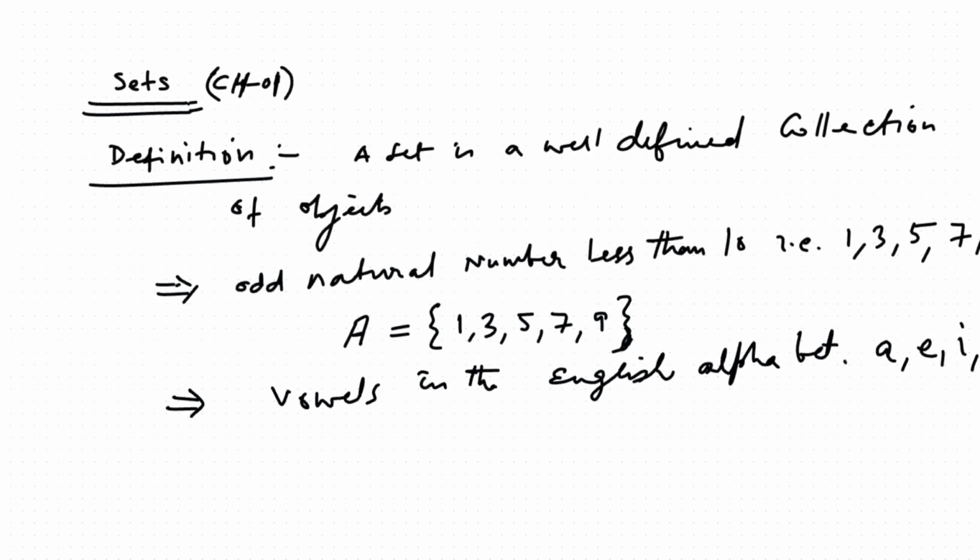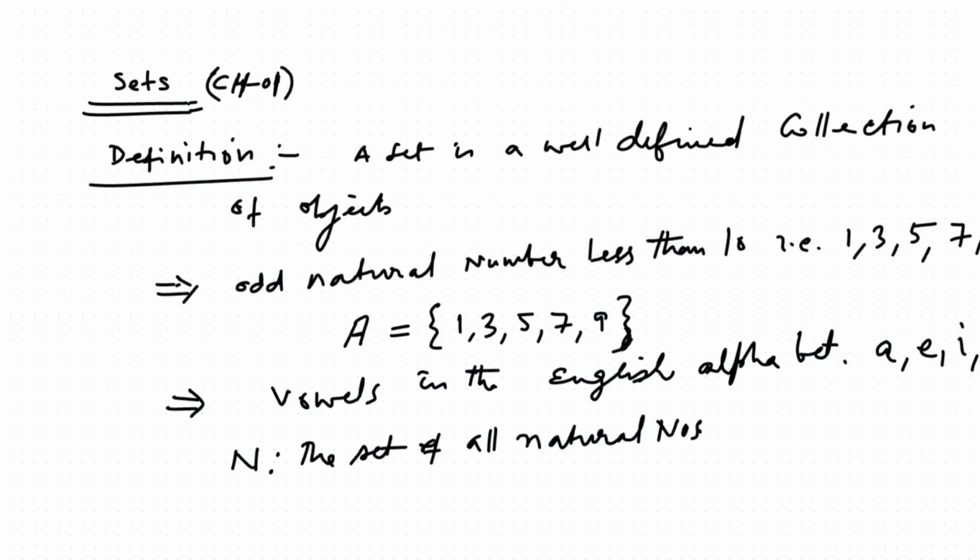Let us also say that there are some standard notations for certain sets. For example, capital N denotes the set of all natural numbers.